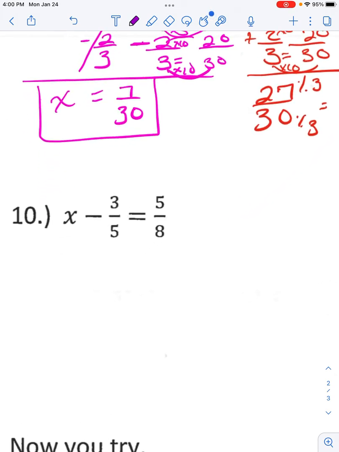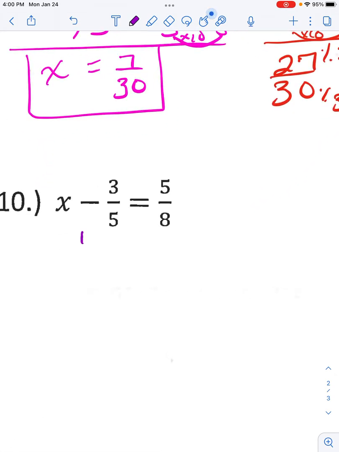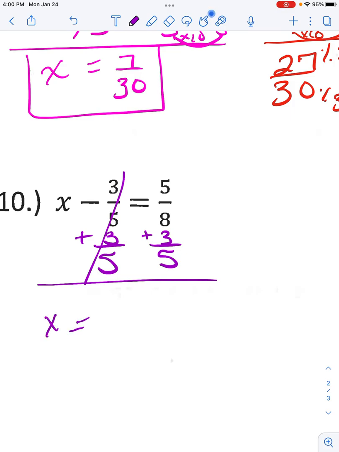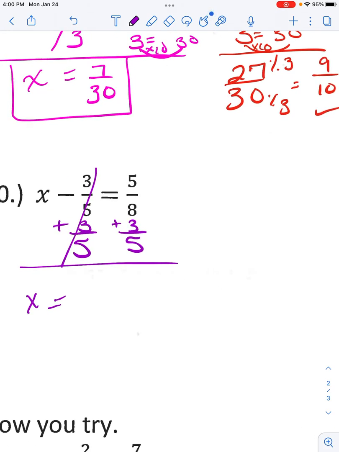Okay, number 10, the inverse of x minus 3/5 would be adding 3/5 to both sides. If you put 5 and 8 in the division ladder, only a 1 will go into both numbers. So 5 times 8 is 40. 8 times 5 is 40, 5 times 5 is 25, 5 times 8 is 40, 3 times 8 is 24. We are adding.